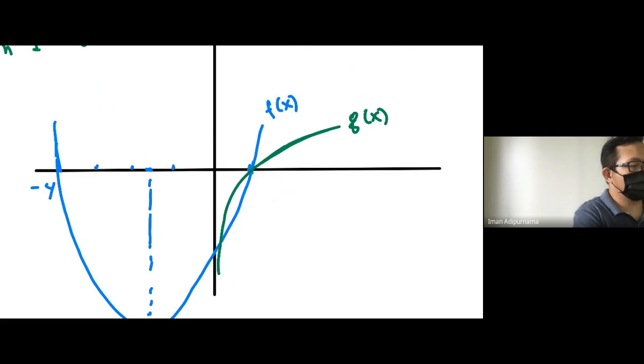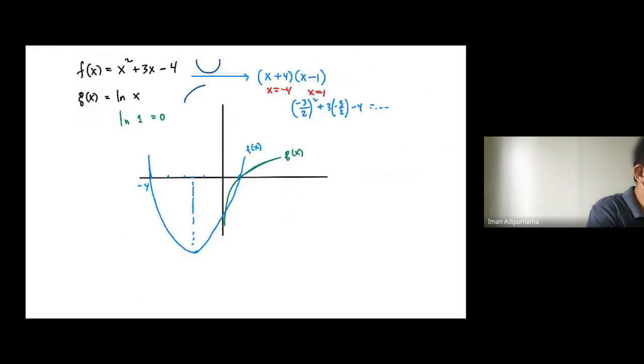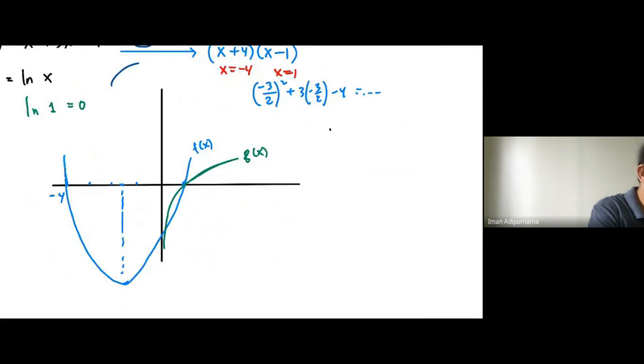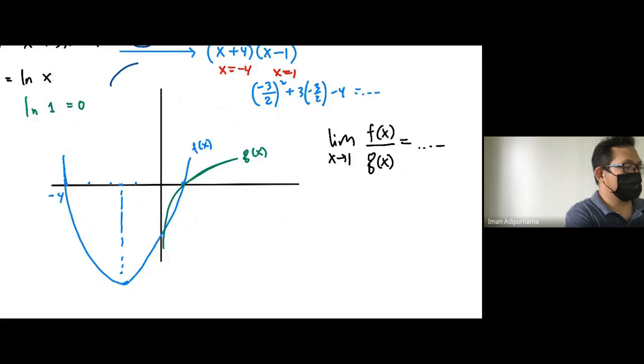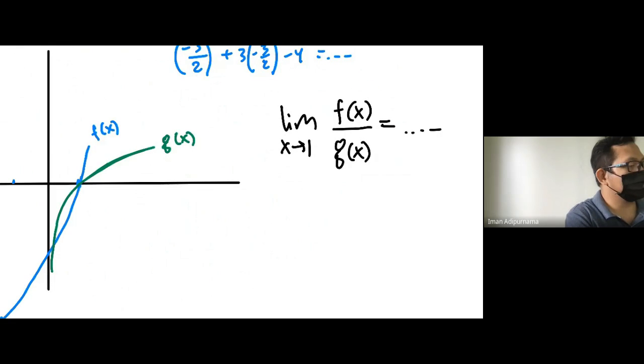Now if I give you the limit as x approaching 1 of f(x) divided by g(x), to imagine what this question is about, remember, limit as x approaching 1.